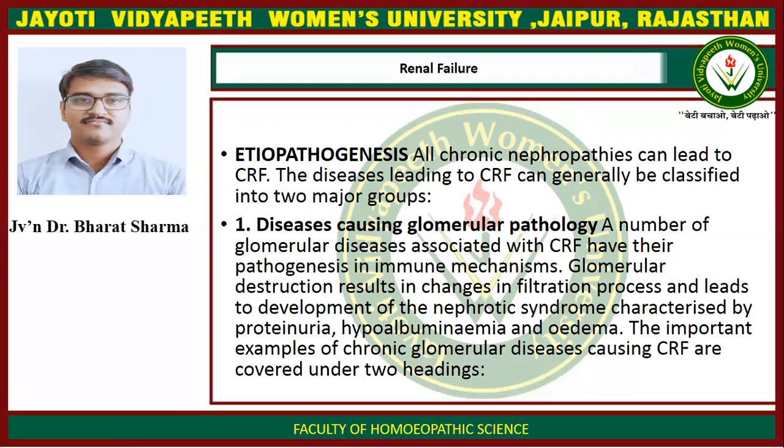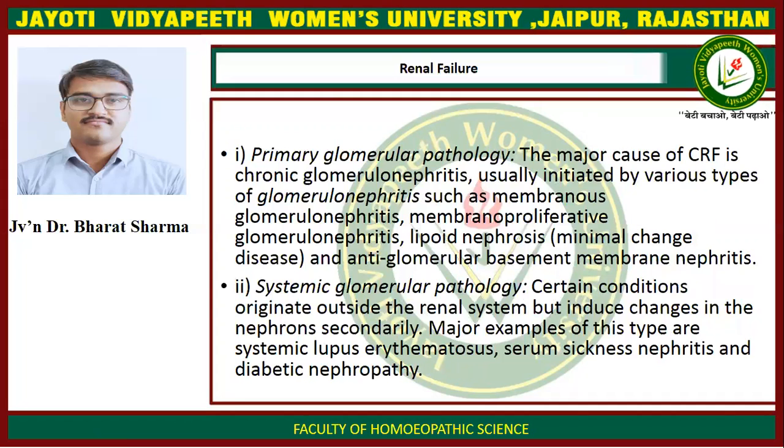Glomerular destruction results in changes in the filtration process and leads to development of the nephrotic syndrome characterized by proteinuria, hypoalbuminemia, and edema. The important examples of chronic glomerular disease causing chronic renal failure are covered under two headings. First is primary glomerular pathology.